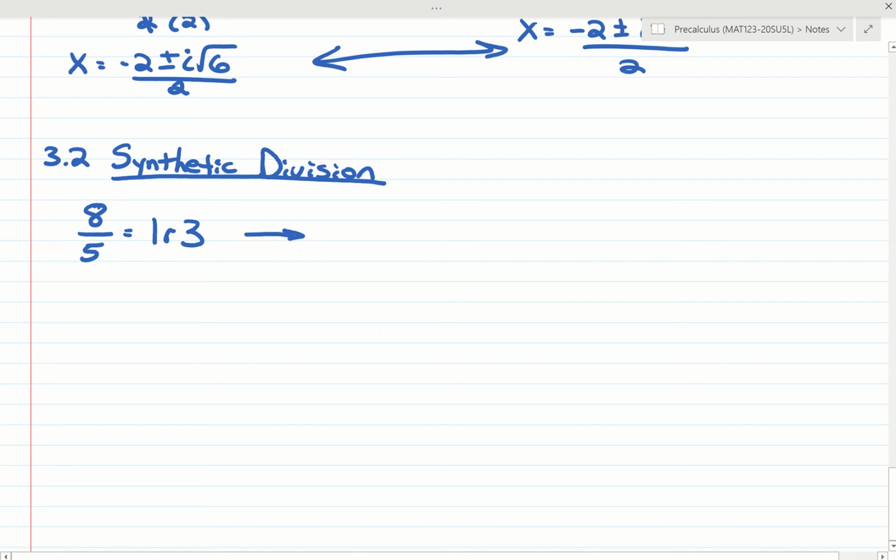Another way we could write this is to say that 8 is equal to the quotient times the divisor plus the remainder. This works all the time, so let me write that out. The dividend is equal to the quotient times the divisor plus the remainder.